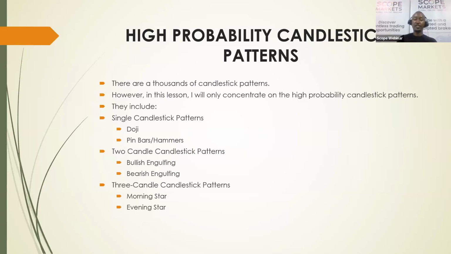And we can have three candlestick patterns, meaning that we need three candles for us to make a trading decision, right? So what are these trading decisions? You can either make a decision to buy, or a decision to sell, or a decision not to engage the market at all. Those are the three decisions you can make: either to buy, or to sell, or not to take any position at all, not to trade, okay?